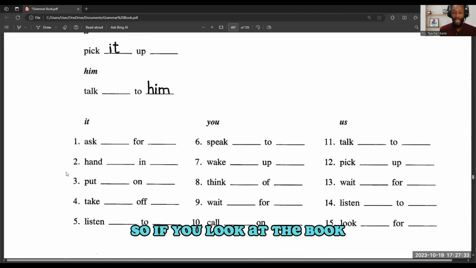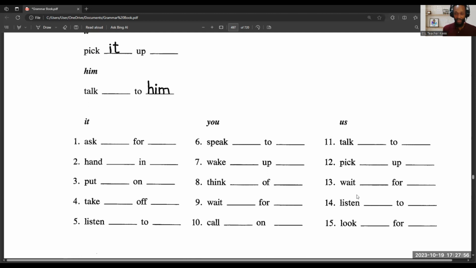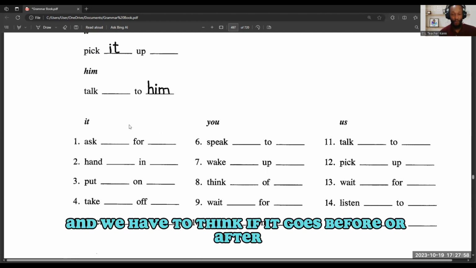So if you look at the book, it has 3 columns. The first one has it. The second one has you, and the third one has us. We're going to use that pronoun in the corresponding column. And we have to think if it goes before or after the expression.